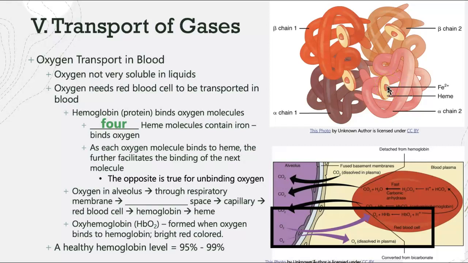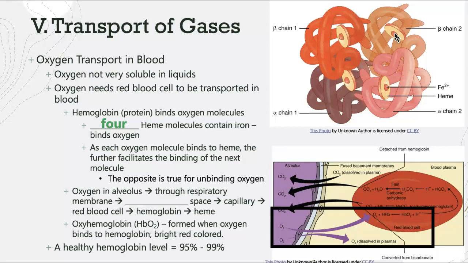As that oxygen binds to the heme, it's going to further facilitate the binding of the next molecule, meaning that as I have one oxygen bind to this iron, these next iron molecules want to bind oxygen even more.